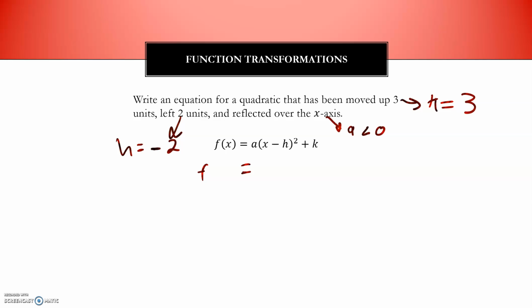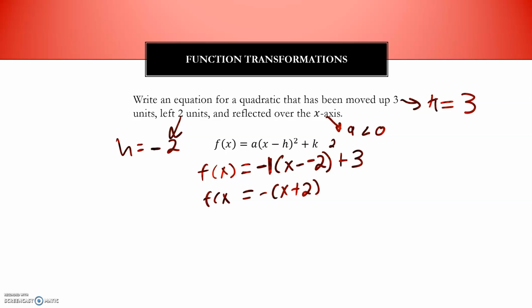They didn't tell me stretch or compression, so a is just 1, and it is negative 1, less than 0. x minus negative 2 for h, plus 3 for k, and simplify. f of x equals negative x plus 2 squared plus 3.